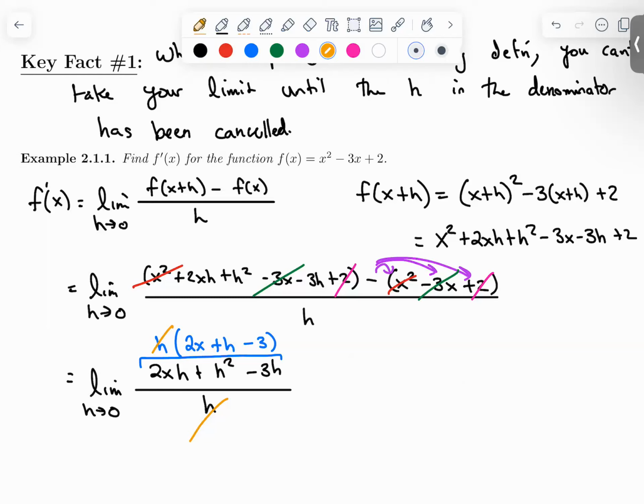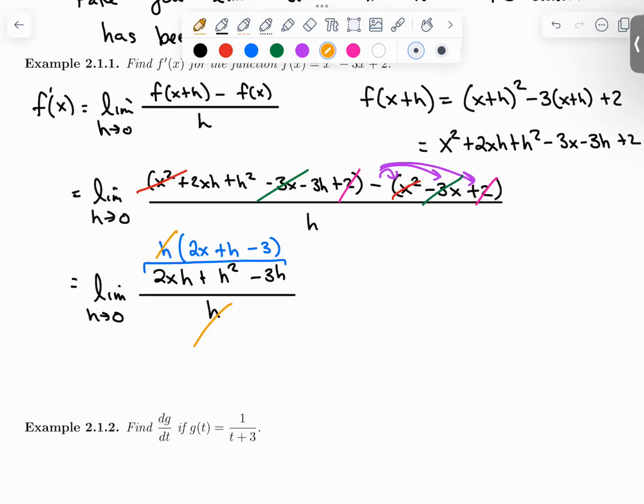Now I know that I actually can take the limit. I'm going to do one more step, but if you felt comfortable just plugging in h equals 0, be my guest. This is equal to the limit as h approaches 0 of 2x plus h minus 3, because the h and the denominator cancel, and we look at this just like normal. x is a variable; from the limit's perspective, it's only caring about h, so it treats 2x as a constant.